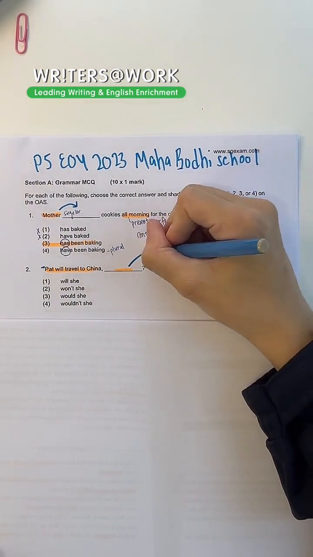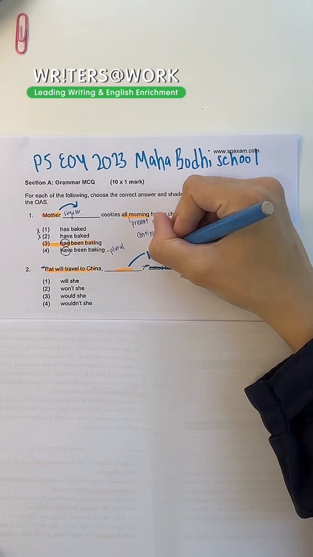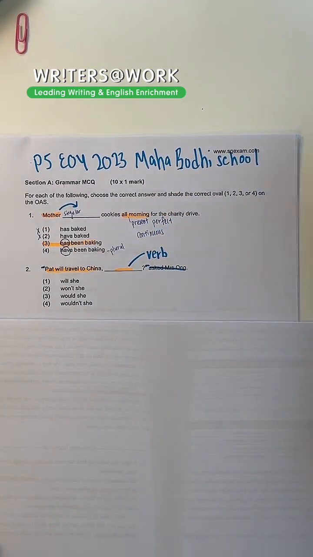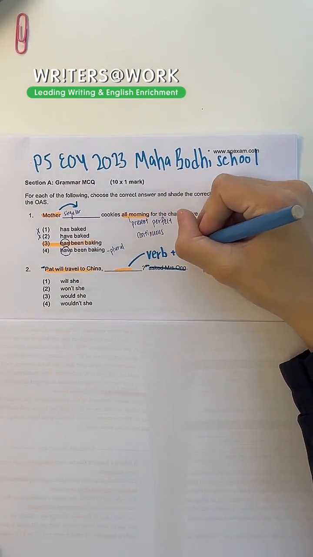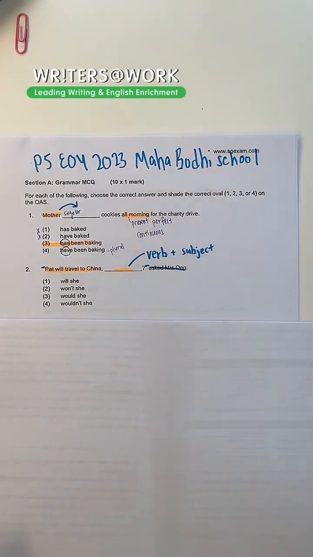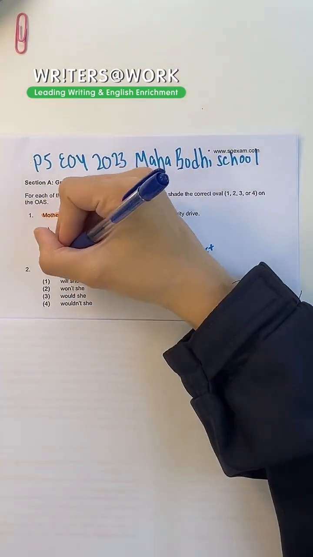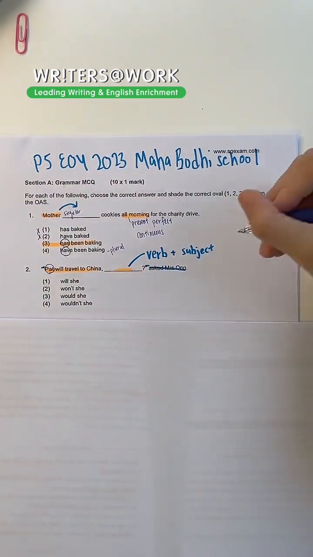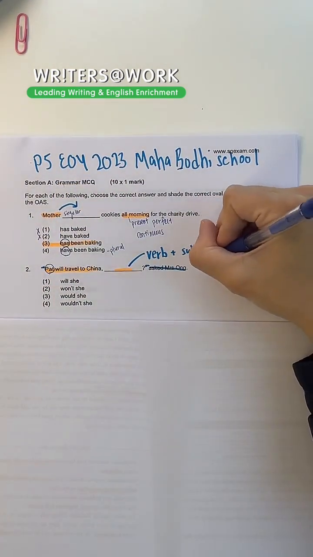We have a verb and we have a subject. In this case, the subject is the same as the main statement, Pat. So the subject over here should be Pat.